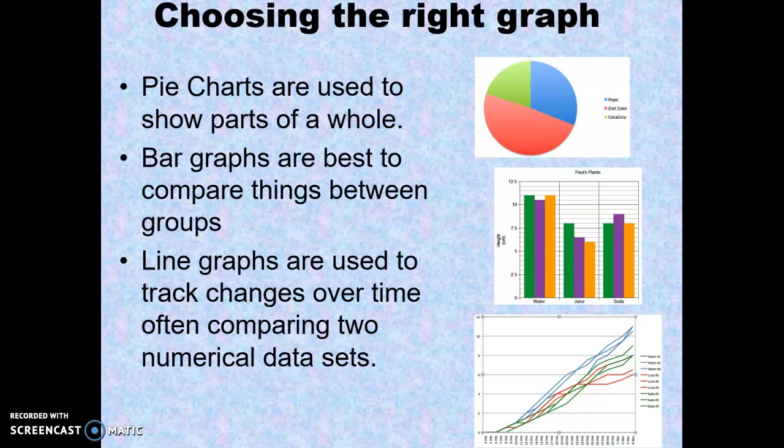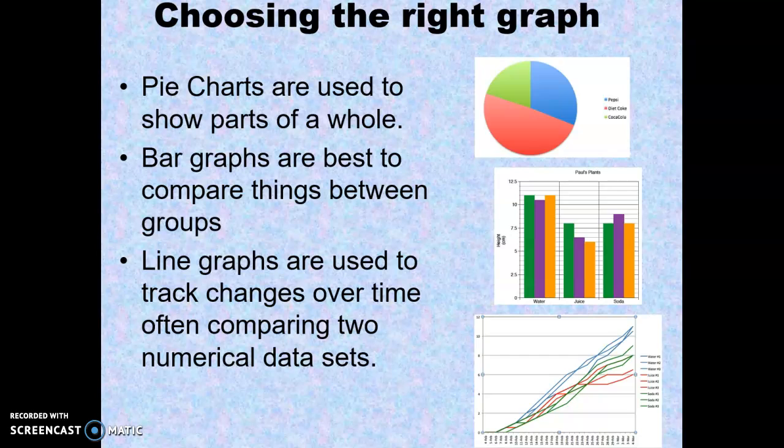With each set of data, you need to make sure that you're selecting the right kind of graph. For example, a pie chart is excellent to show parts of a whole. A bar graph is best to compare things between groups, or especially when you have one data set that's numerical and the other that is non-numerical.